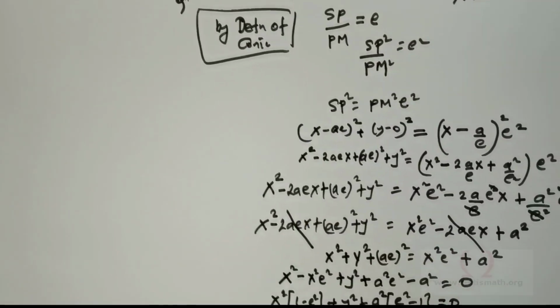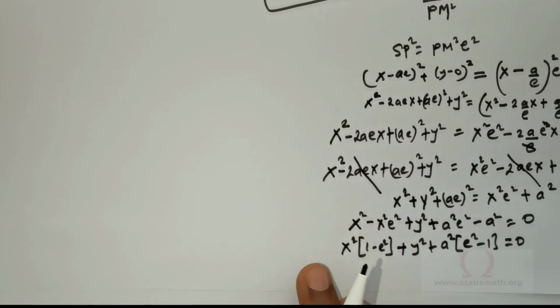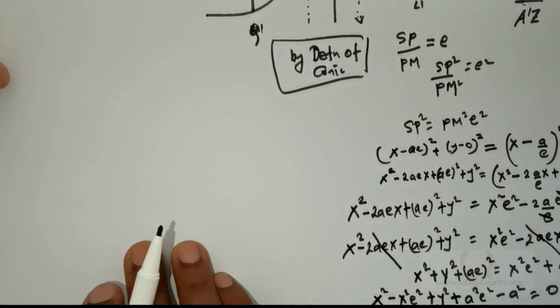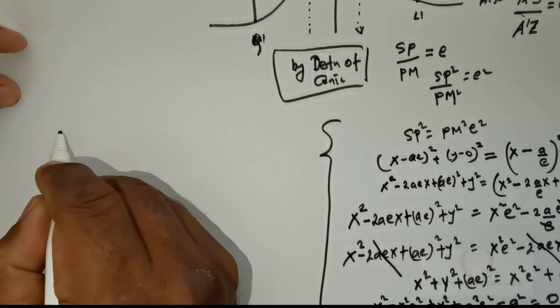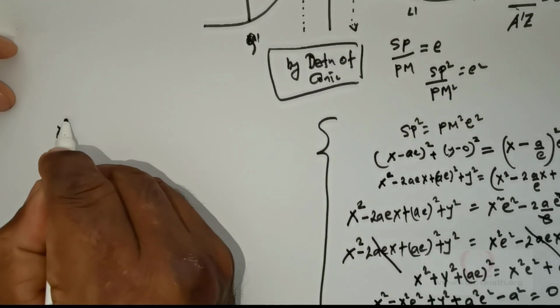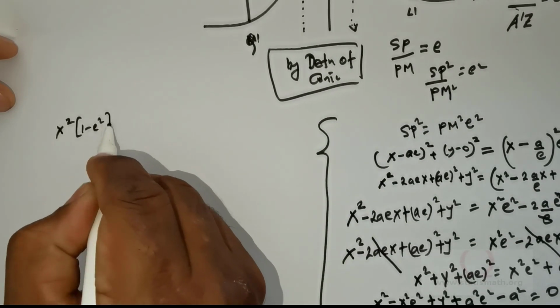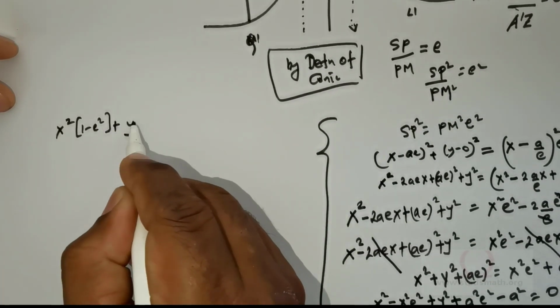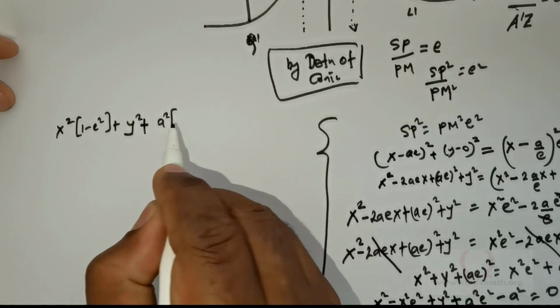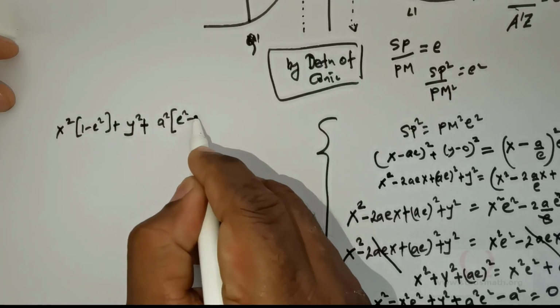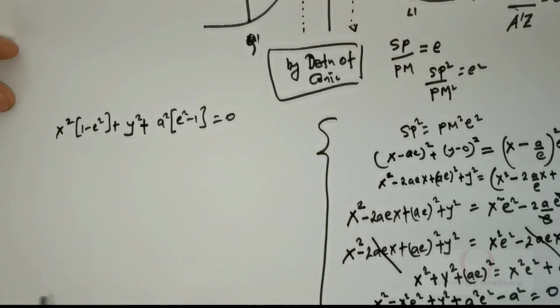So I will continue on this side. I have now x squared of 1 minus e squared plus y squared plus a squared of e squared minus 1 is equal to 0.